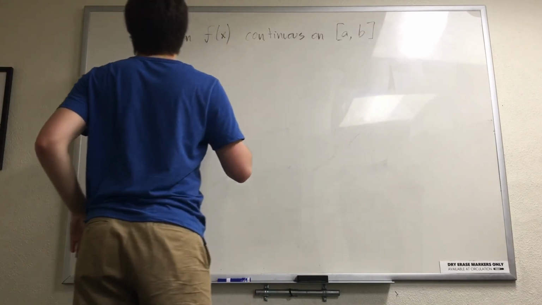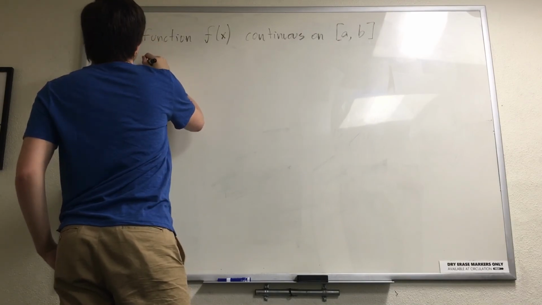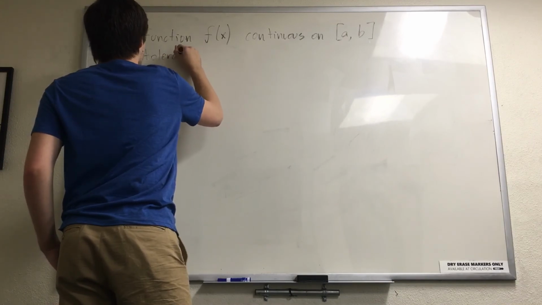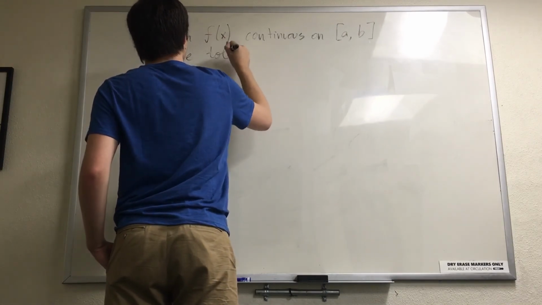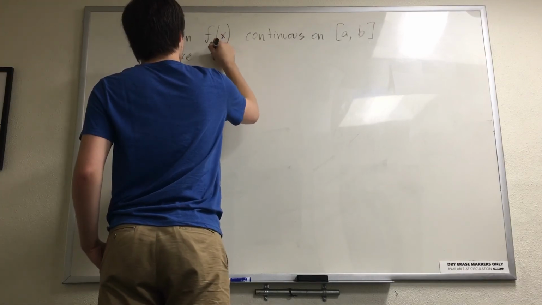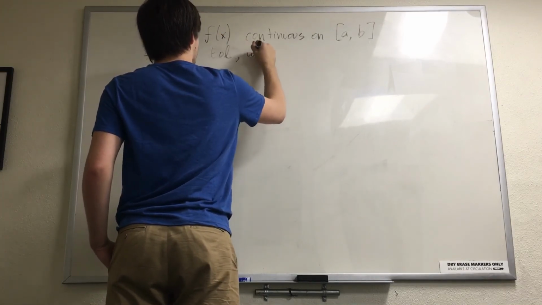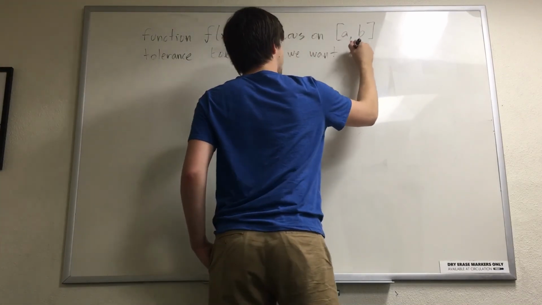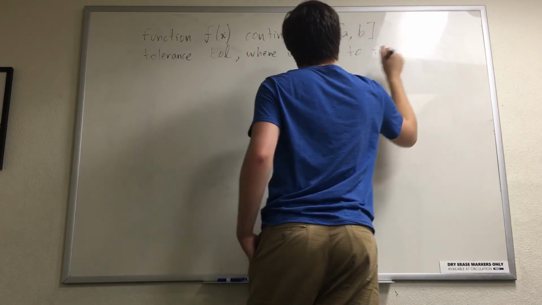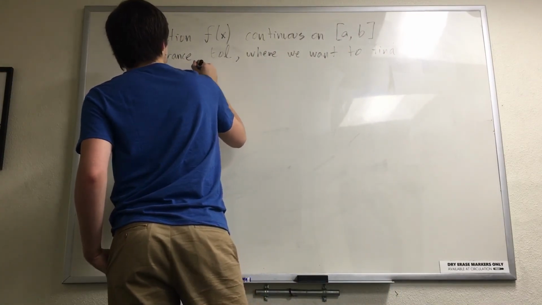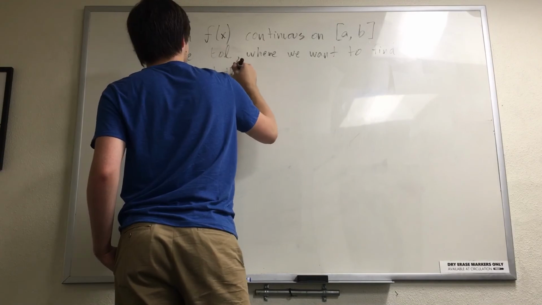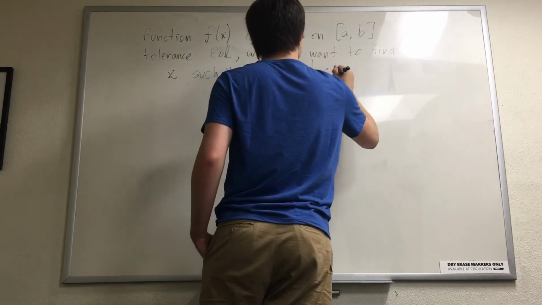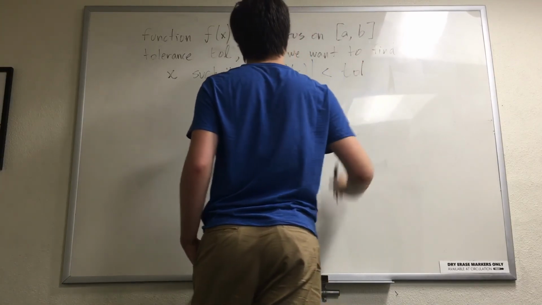All right, and we have some tolerance. Let's call it tol. Where we want to find x such that the absolute value of f of x is less than tol.